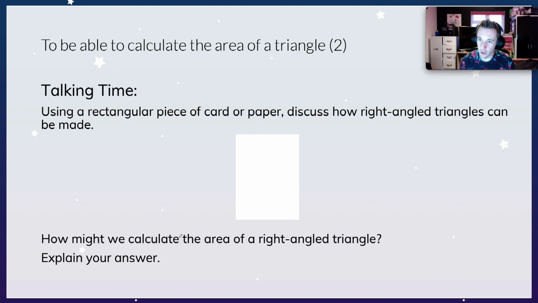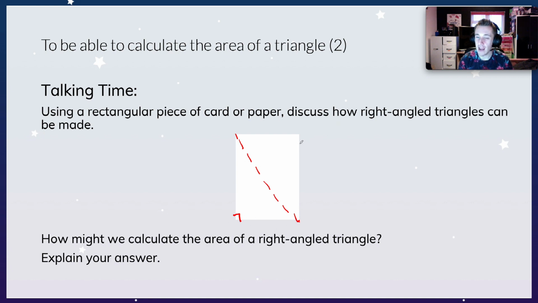If you think about a right angle triangle, it could be made out of a rectangle. So if you look at this square here, how could I make a right angle triangle out of it? Well, if you look, the right angle triangle would be half of the rectangle. Here's my right angle, here's my triangle.